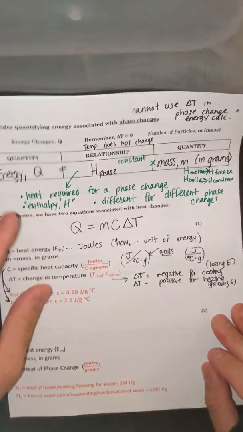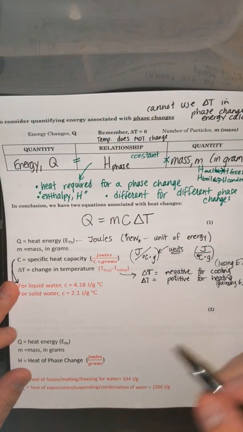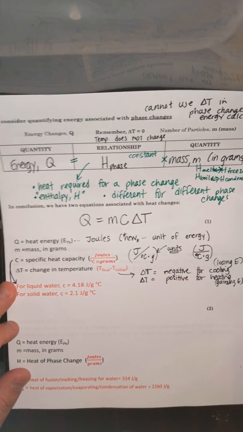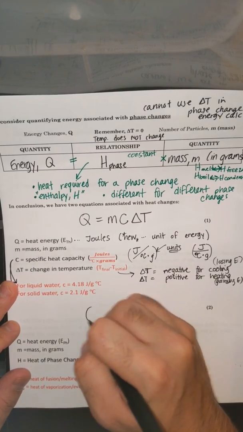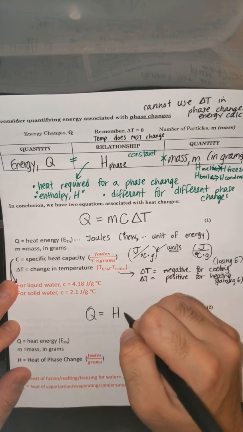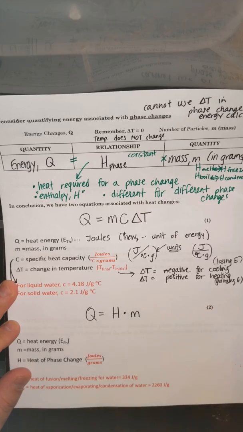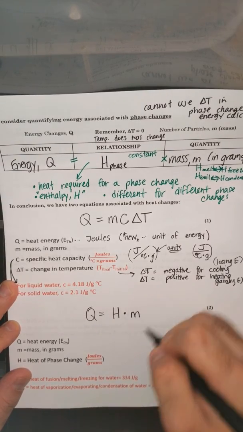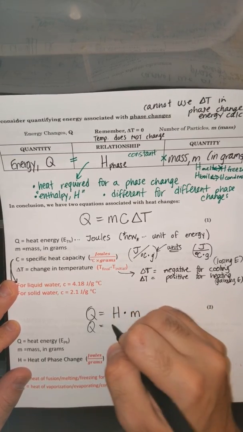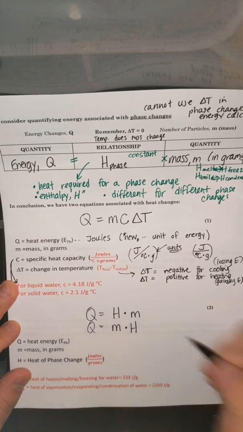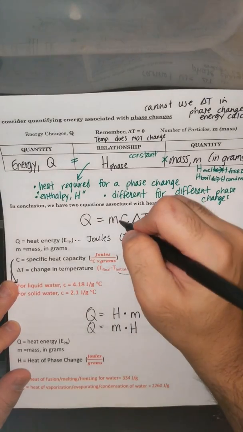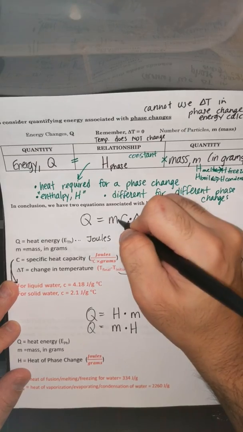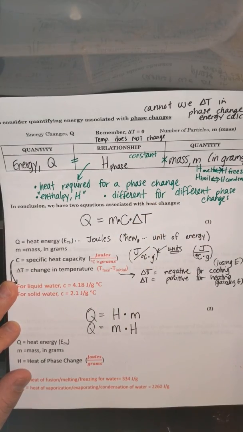Our last equation is now what happens if I don't have a temperature change. It's going to be Q is equal to H times M. Or sometimes I like to write it as Q is equal to M times H. Same thing. And don't forget that this little dot is like a product dot, so it's multiplying.